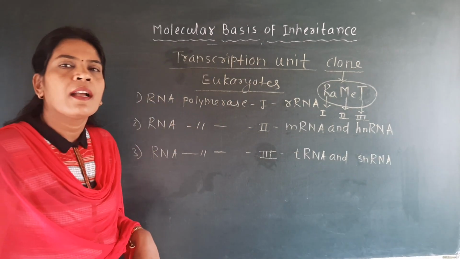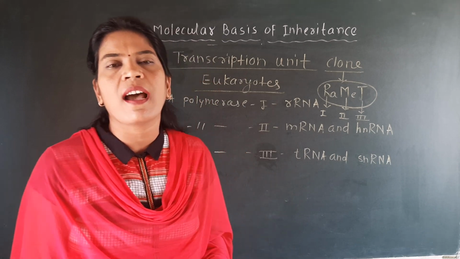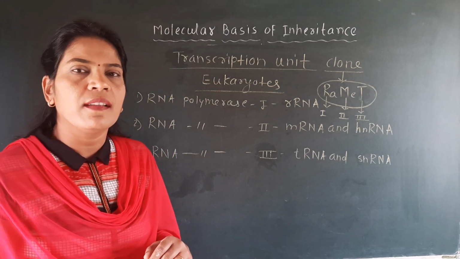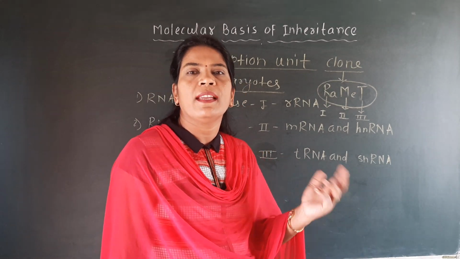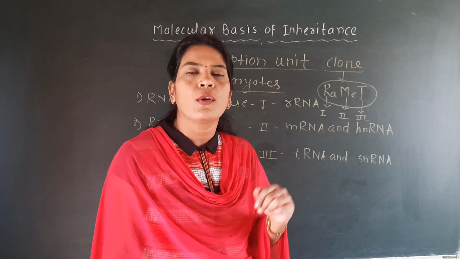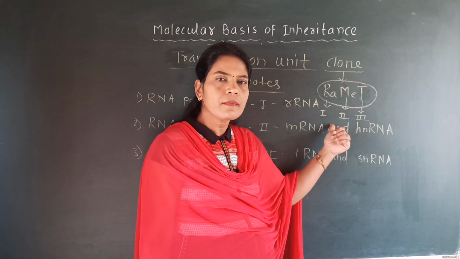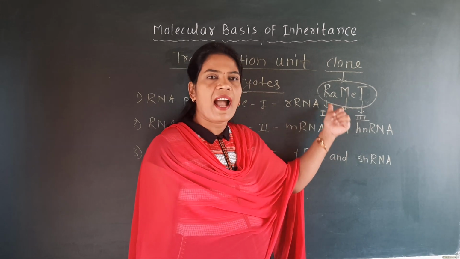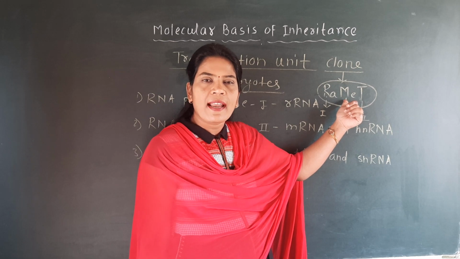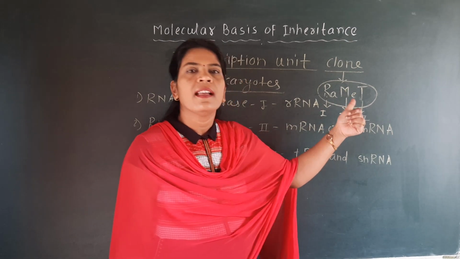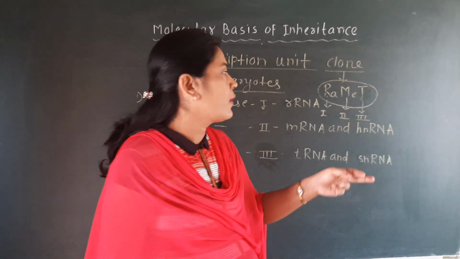This trick will be useful to you from the MCQ point of view, if a question is asked in the NEET exam about which type of RNA polymerase is involved in which type of RNA formation, then you have to keep in mind the trick. In ramete, the first letter R, so RNA polymerase 1 for rRNA. Second is M, so RNA polymerase 2 for mRNA. Third is T, so RNA polymerase 3 for tRNA.